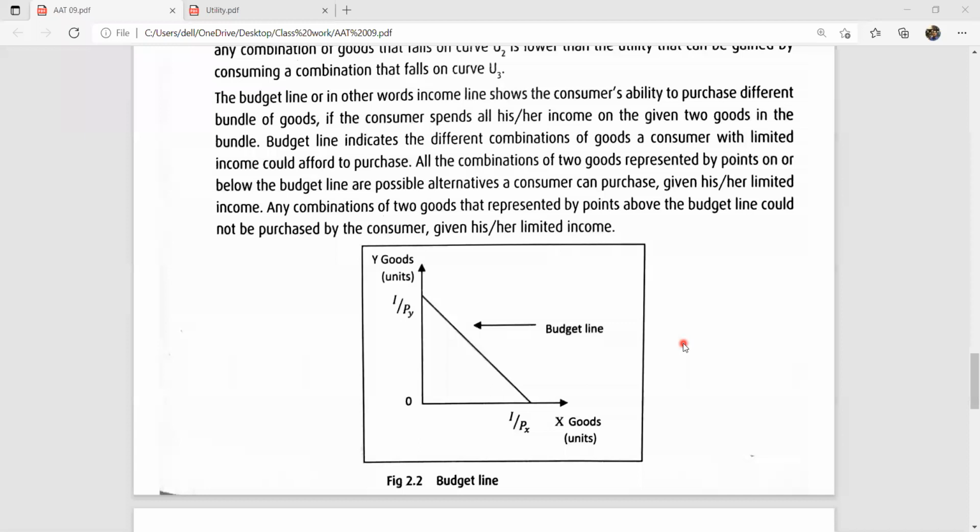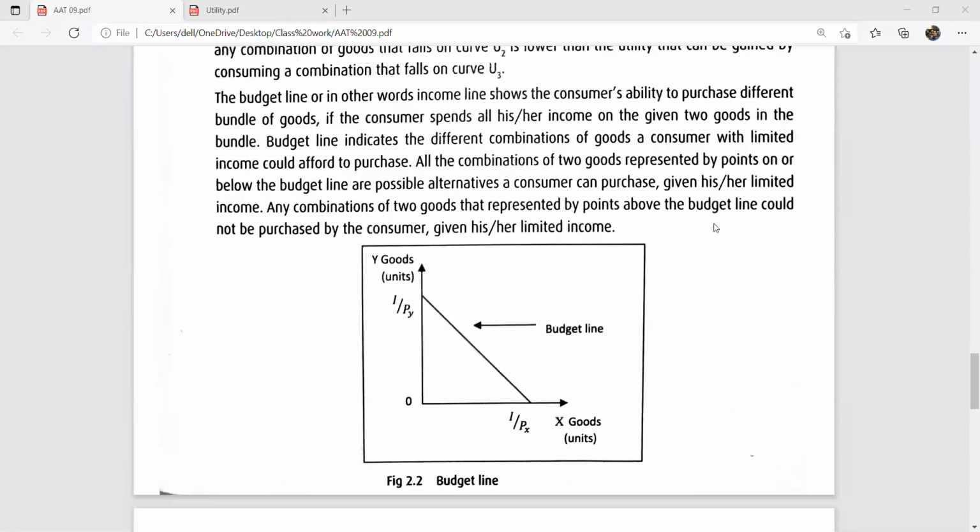Any combination of two goods represented by points above the budget line could not be purchased by the consumer, given his or her limited income.